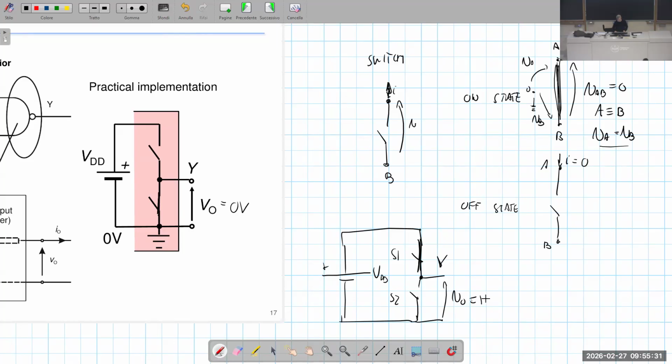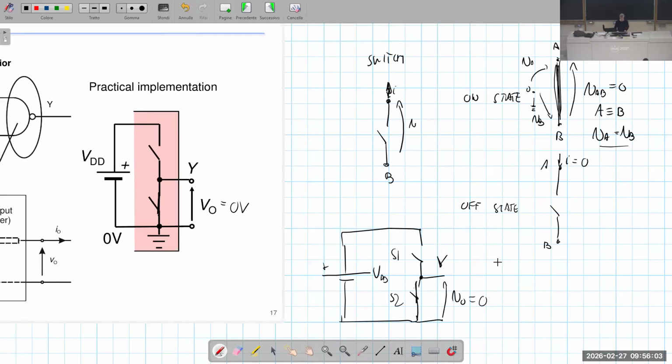It is equal to VDD. S2 is open in this case, so no current flows here. We can ignore S2 if it is off. On the other hand, if we have S2 on, we have that VO is equal to 0.